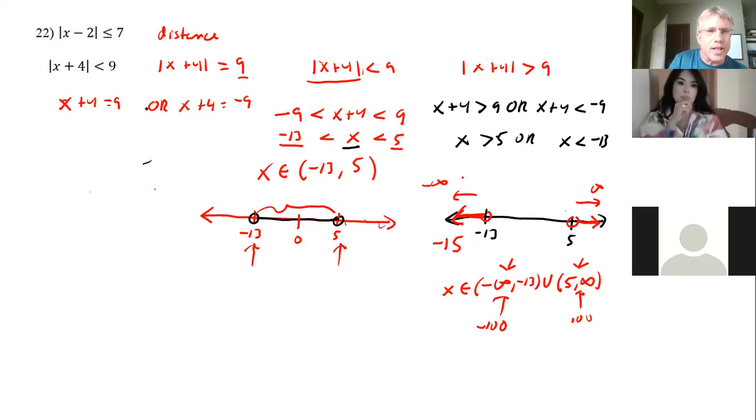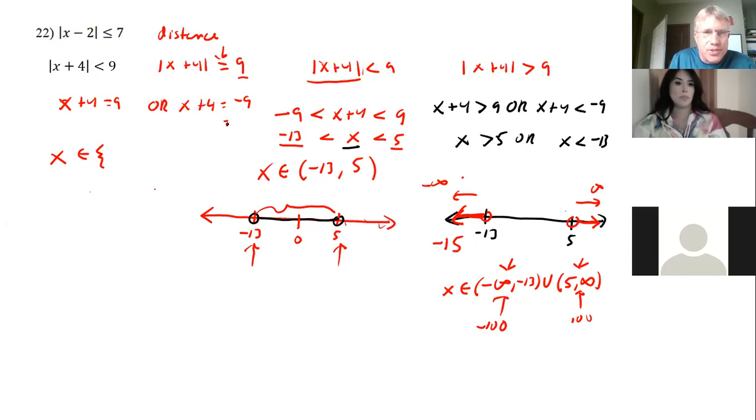So over here, if I had the equality, I would report this as a set because there's a finite number of possibilities. This one with the equality sign says I want x plus 4 to be exactly 9 units away. And there's only two ways that can happen, right?